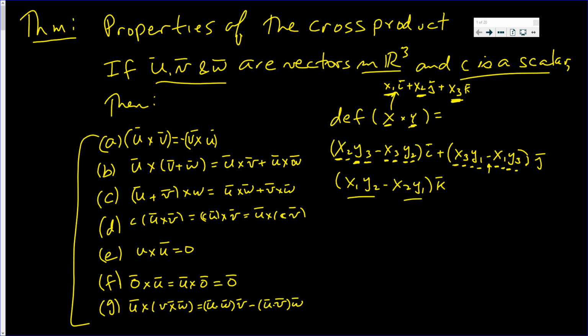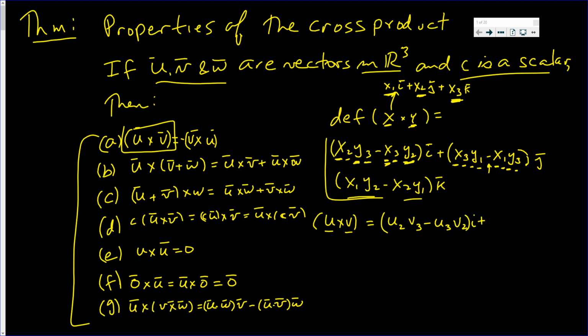Okay. So now we want to look at U cross V. You're going to prove A. U cross V, well, that's the first vector and that's the second. It's the first vector, second component, second vector, third component, minus the first vector, third component, second vector, second component. That's in the I direction.